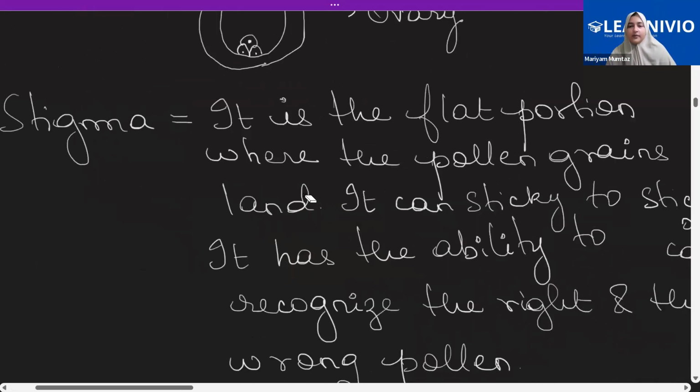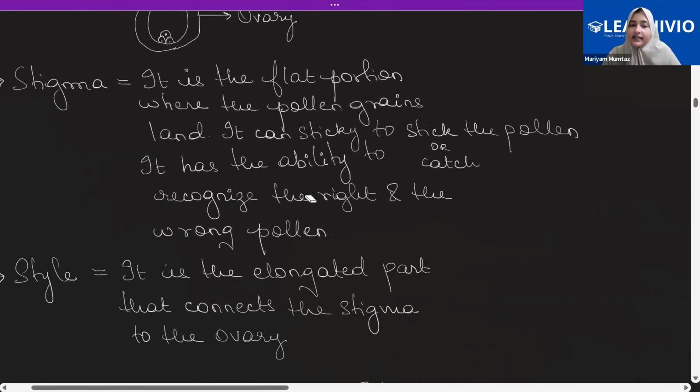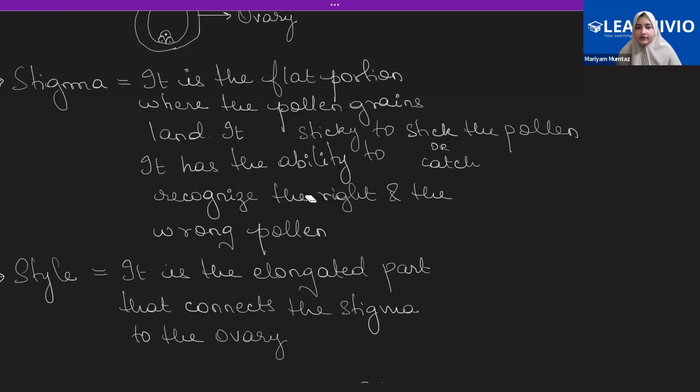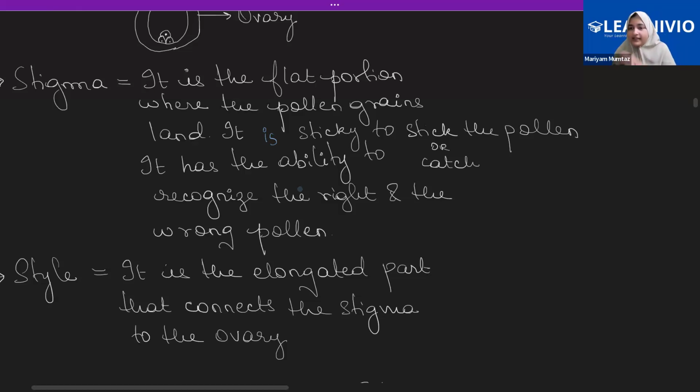So when we talk about the stigma, it is a flat portion where the pollen grains land. It is sticky, so that whenever the pollen grains are elsewhere, they come and get stuck onto the stigma portion.